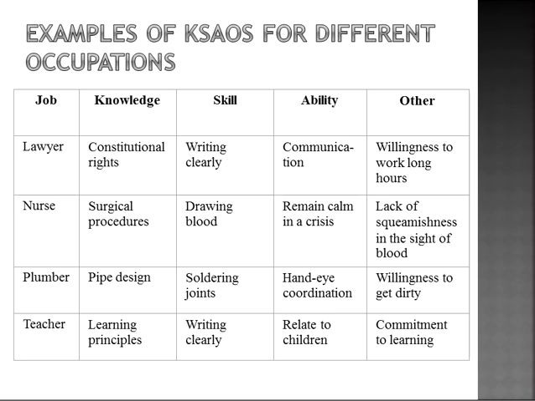Ability, remain calm in crisis. Other, lack of squeamishness at the sight of blood. Job, plumber. Knowledge, pipe design. Skill, soldering joints. Ability, hand-eye coordination. Other, willingness to get dirty. Job, teacher. Knowledge, learning principles. Skill, writing clearly. Ability, relate to children. Other, commitment to learning.